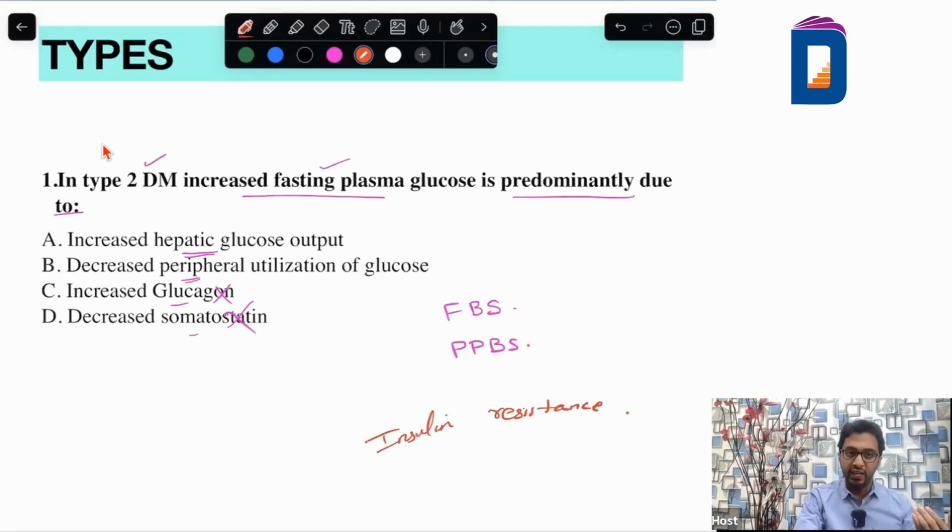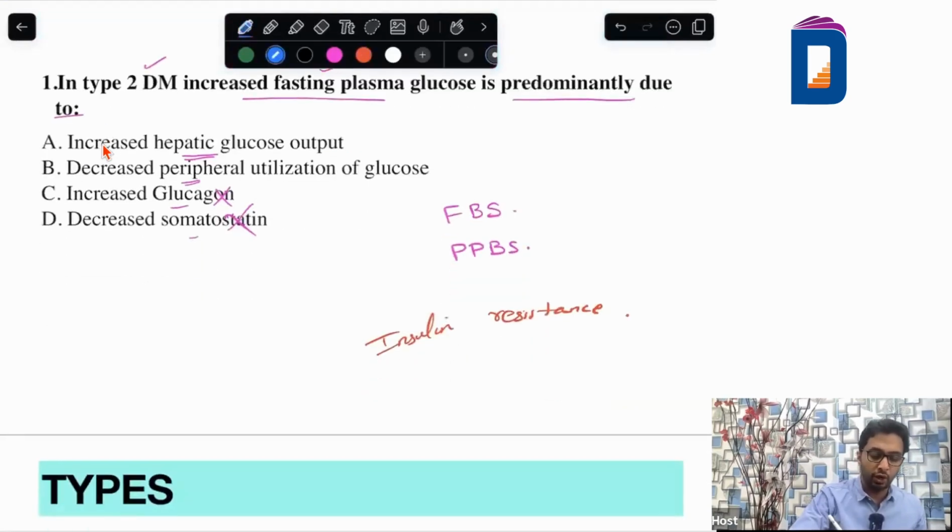In type 2, insulin is there. Please understand this. Insulin is there, but the body is resistant to the insulin produced by the human body. For example, you have a piece of muscle which is utilizing glucose.